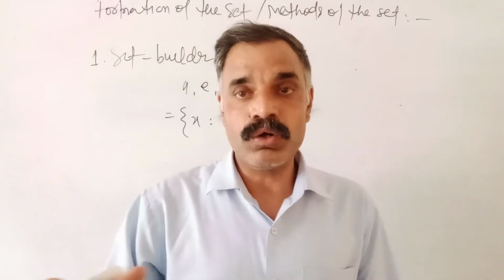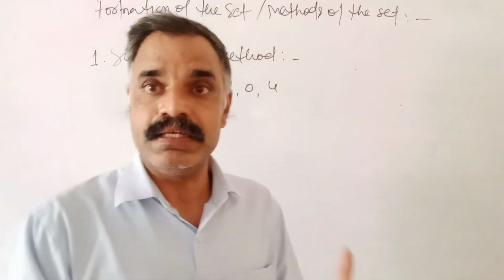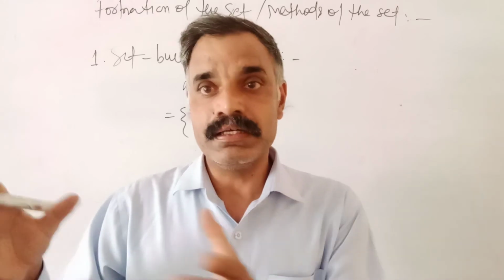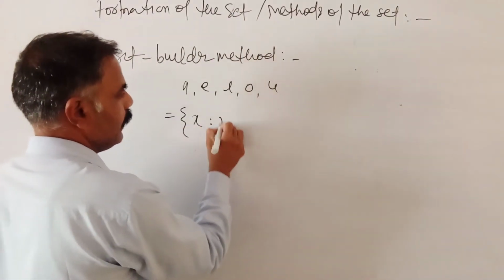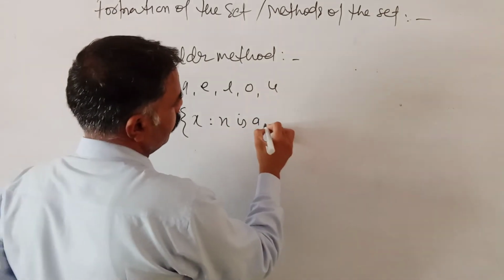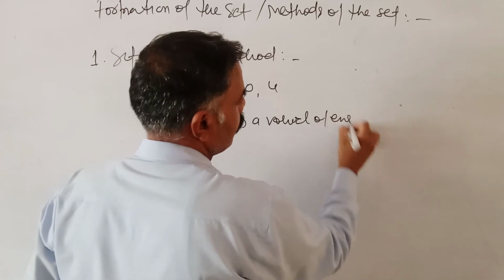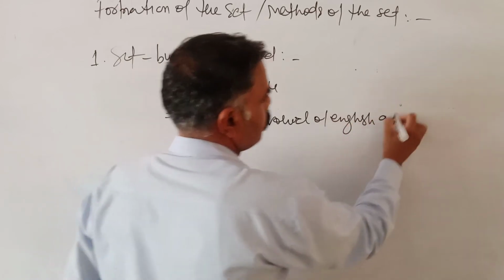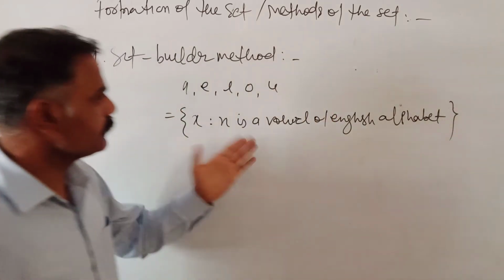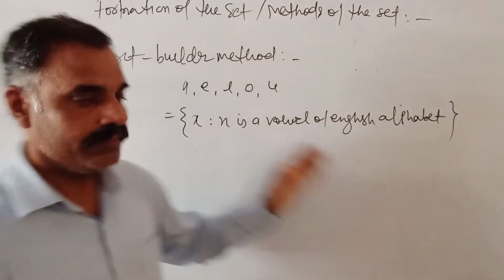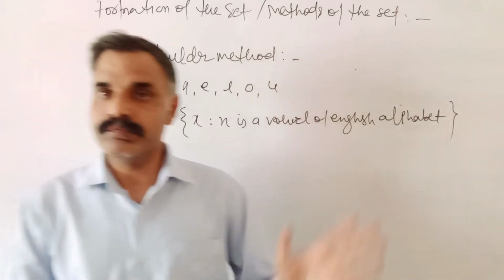As all these elements are vowels of the English alphabet, the property is the vowels of the English alphabet. x such that x is a vowel of the English alphabet. This is the collection and this is the set builder method.